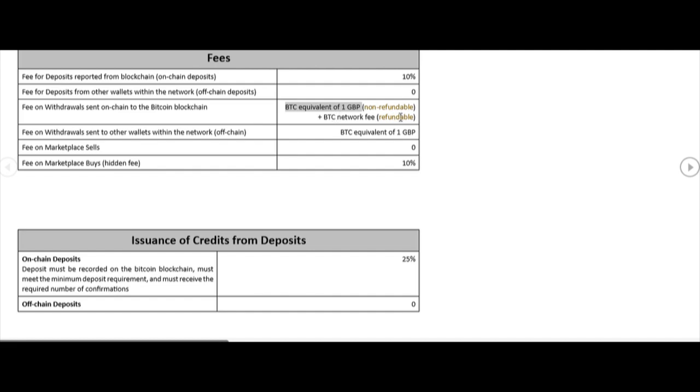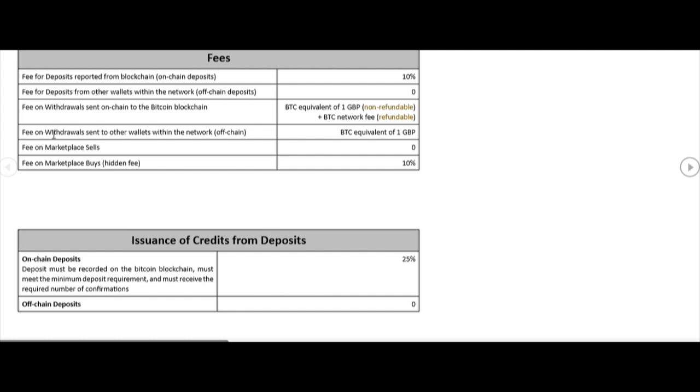It's going to return the network fee that the system was going to charge, but the £1 equivalent is non-refundable. So if you put in incorrect information or if the transaction is canceled for any reason, you will receive all of your Bitcoin back except for that £1 transaction fee.